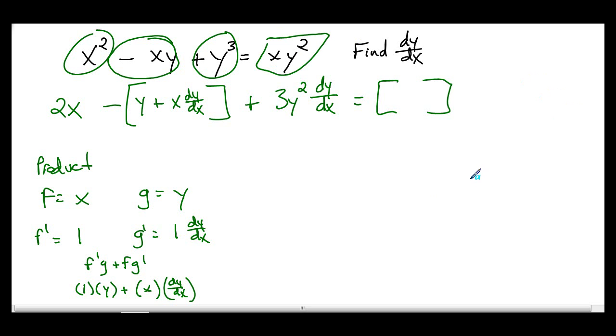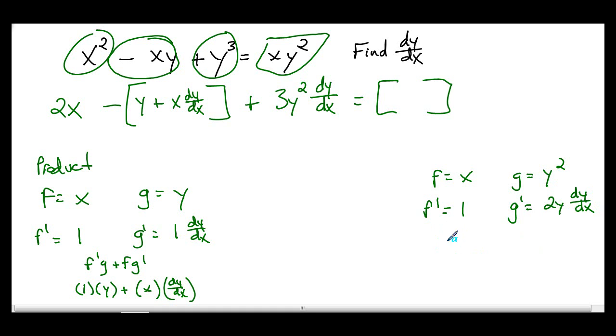The only difference is this time my f is going to be x again, but my g is going to be y squared. F prime once again is dx/dx, or 1. And my g prime in this case is going to be 2y dy/dx. Whenever you find the derivative of y, you have to have that dy/dx attached to it.